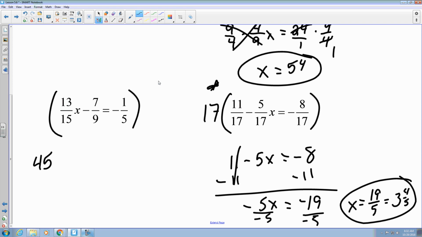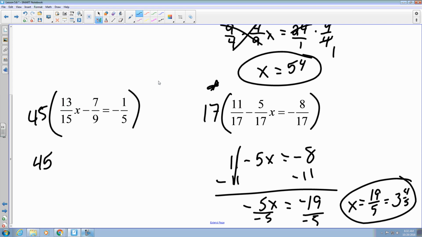15 goes into 45 three times, 9 goes into 45 5 times, and 5 goes into 45 9 times. So I'm going to multiply everything here by 45.